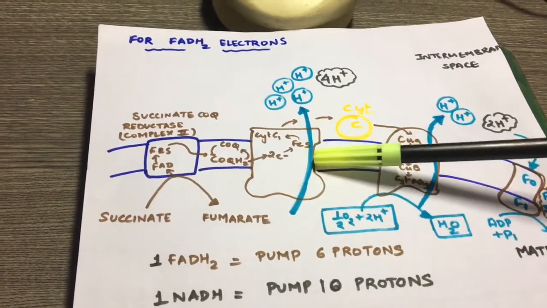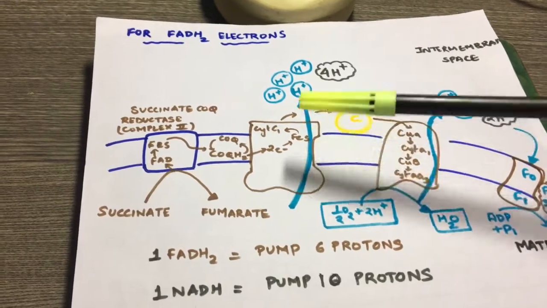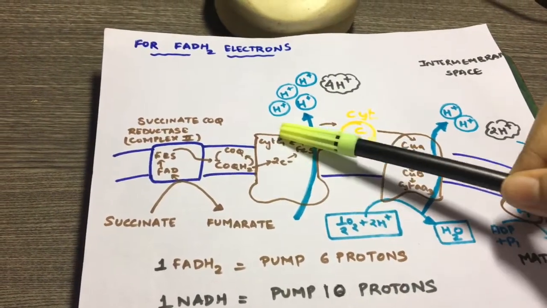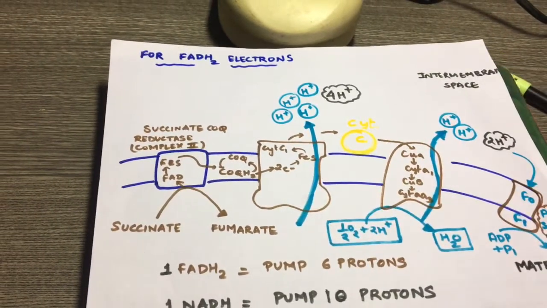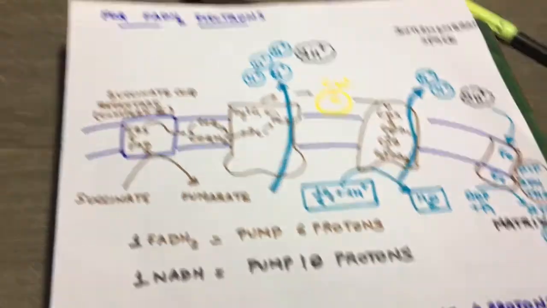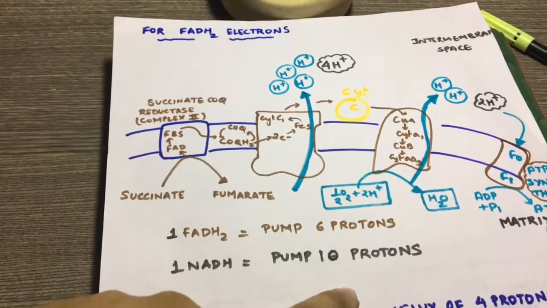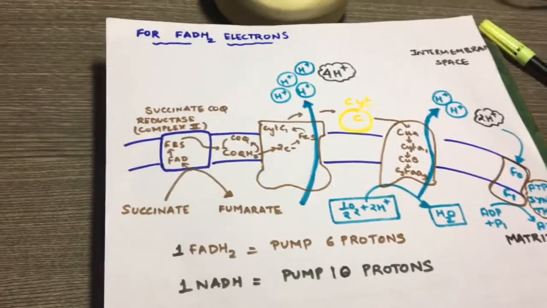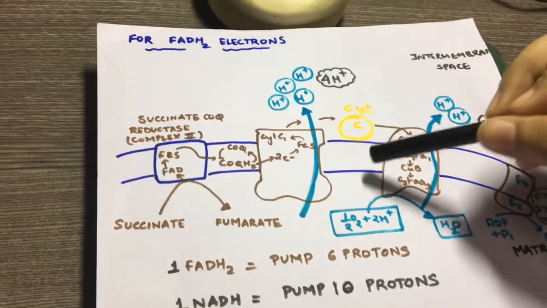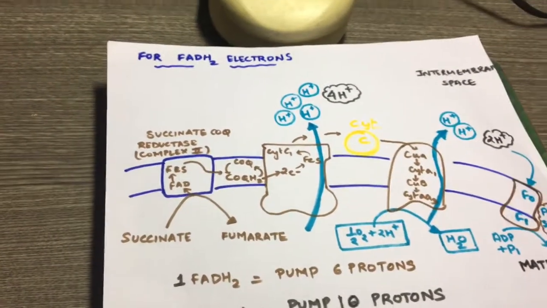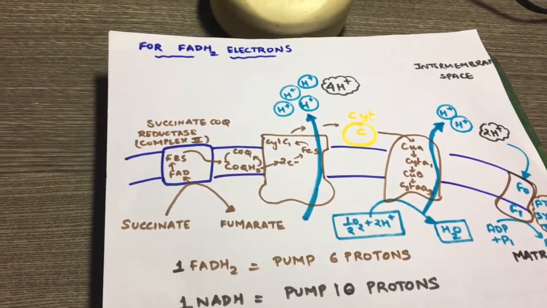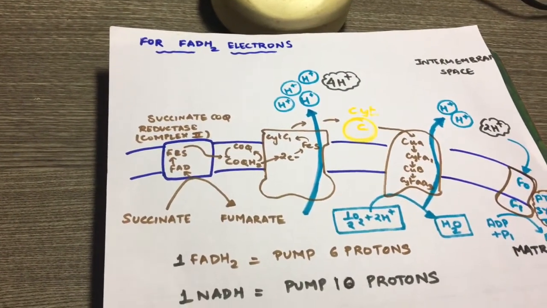Here the electrons are accepted by the FeS, then further transferred to cytochrome C1. When the electrons are being transferred in complex number 3, there is pumping of 4 protons from the matrix to the intermembrane space, and then the electrons are accepted by cytochrome C, which is a mobile carrier. These electrons are then carried from complex number 3 to complex number 4.